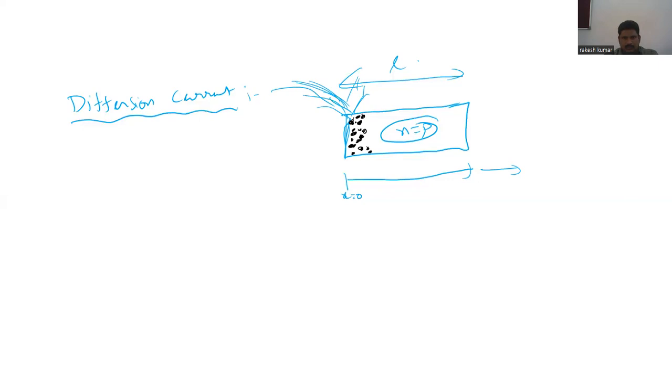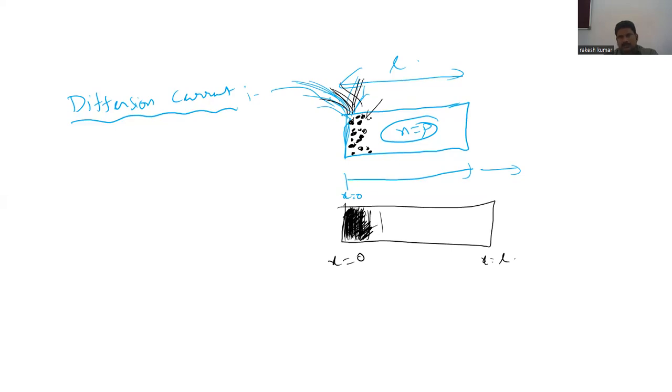Since I have added impurities to this pure semiconductor, in this diagram the concentration of charge carriers, either electrons or holes, at x equal to 0 is more when compared to x equal to L. Let us consider these are electrons, all very near to each other.